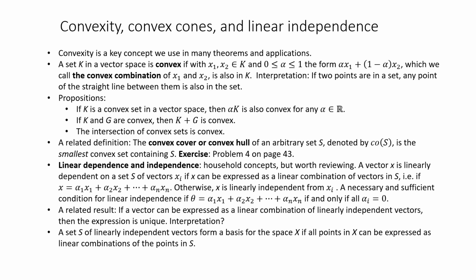A related result: if a vector can be expressed as a linear combination of vectors, then this expression is unique. So if we can describe a vector as a linear combination of vectors, then this representation is unique. We cannot find another representation for the same vector.